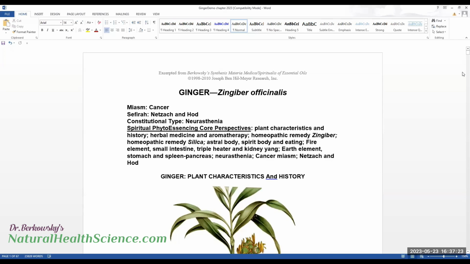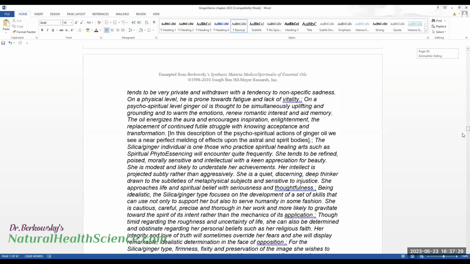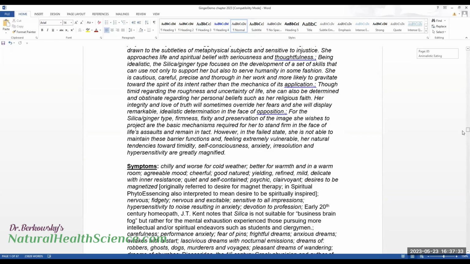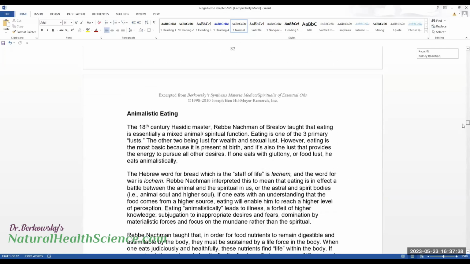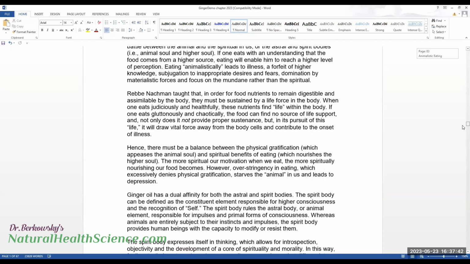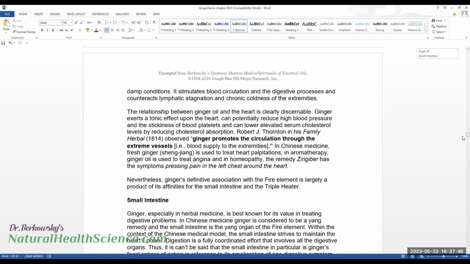So now let's go back to cancer miasm. And you can see these chapters are quite long. Animalistic eating, that's a very important section. I'm not going to read it tonight, but that's a good one to take a look at. Animalistic eating: the person who eats animalistically, rather than feeling a spiritual connection to the food.